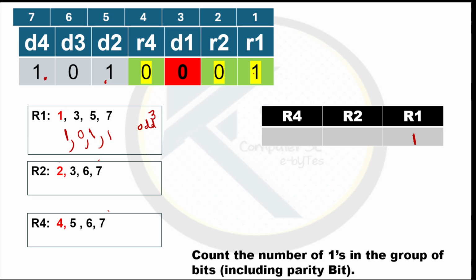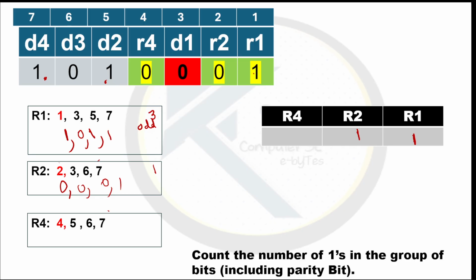Then for R2, we have 2 is 0, 3 is 0, 6 is 0, and the 7th location is 1. So it is again odd. So we'll put 1 over here so that it becomes an even number.